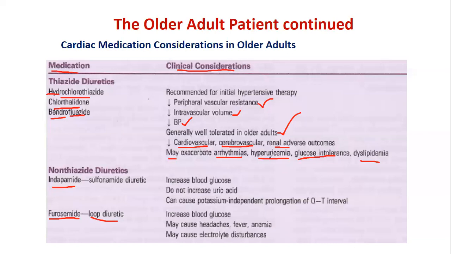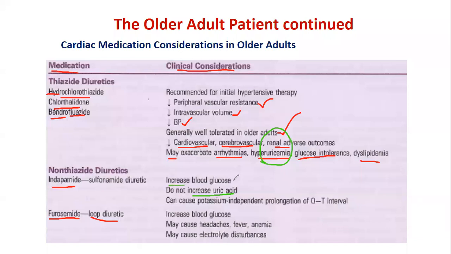What about if you give the non-thiazide diuretics? It increases the blood glucose and does not increase the uric acid level, right? So it is better. Do not uric acid level, but here we can say hyperuricemia.